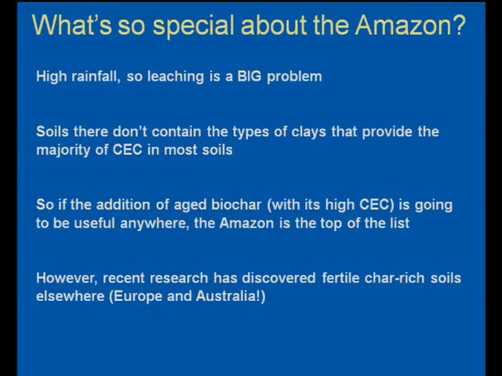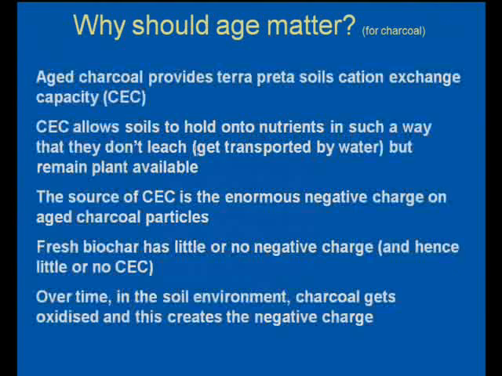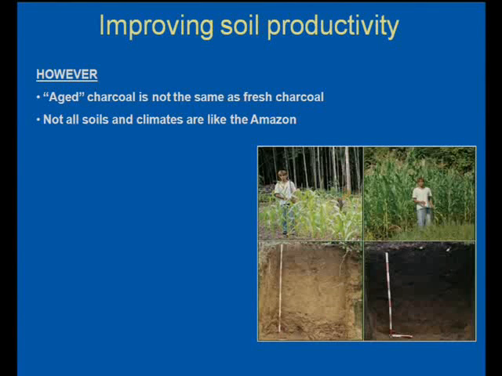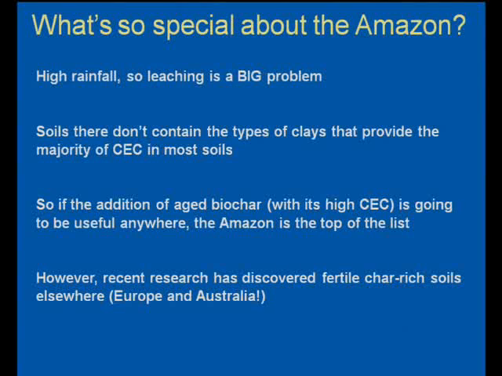So these two things together, the CEC of aged charcoal and the environment and soils of the Amazon, means that if there's anywhere that aged biochar would be a good thing, it's going to be in the Amazon. So I guess what I'm saying is that expecting differences with addition of biochar like that in terms of productivity is probably being very, very hopeful.